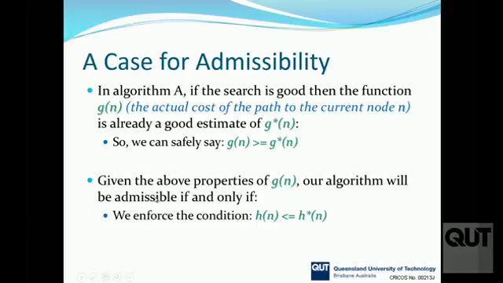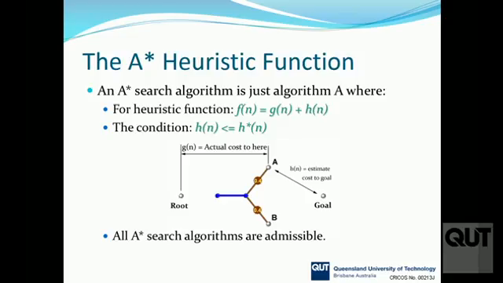So given this above property of g(n), our algorithm would be admissible if and only if we enforce another condition. That is, our h(n), our estimate of the cost to get to the goal, is less than or equal to h star n. We've imposed this condition.